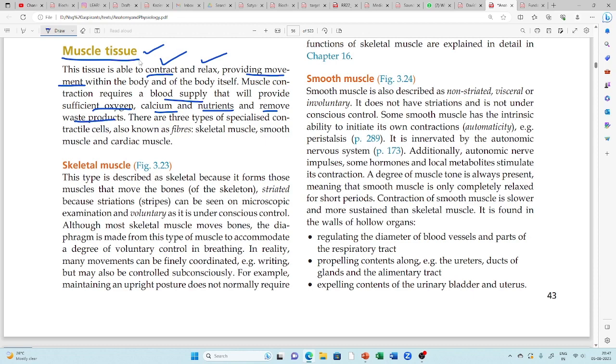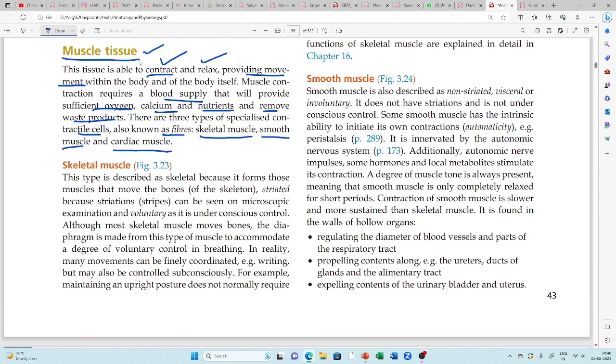Through the blood, muscle receives oxygen, calcium, nutrients, and through blood circulation we can also remove waste products from the muscle tissue to outside of the body. There are three types of specialized contractile cells known as fibers. Like three types of muscle we can see mainly: first one is skeletal muscle, second one is smooth muscle, and third one is cardiac muscle.